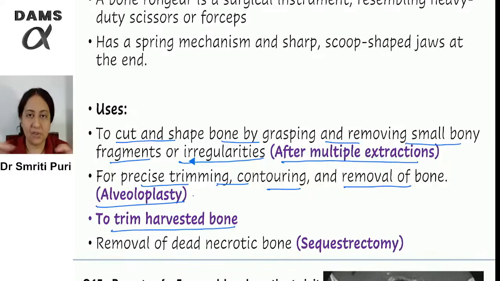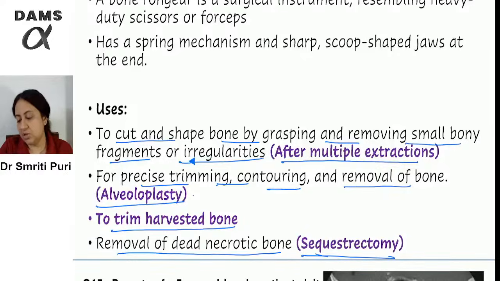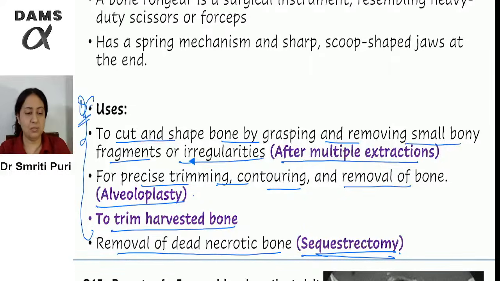Suppose you have retrieved an anterior iliac crest graft, so that bone is now irregular or you want to give it a little contour, you can use the bone rongeur to give contours to the harvested bone. And removal of dead necrotic bone, especially in cystectomy cases. So these are the uses and these are important. Please keep them in mind.